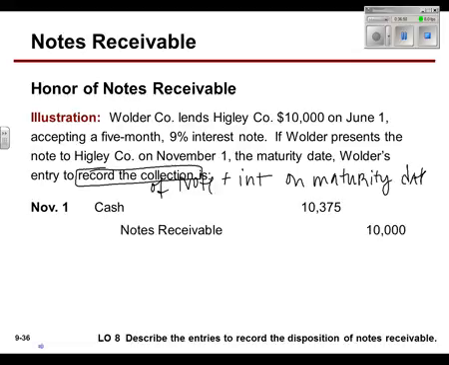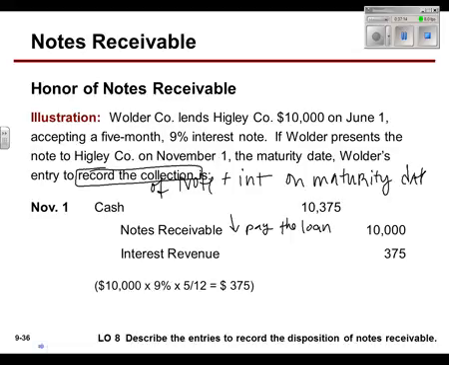Notes receivable went down because they paid their bill. Let's not call it a bill, paid the loan. They no longer owe us 10 grand because they gave us 10 grand in cash. And what's the other player? Interest revenue.